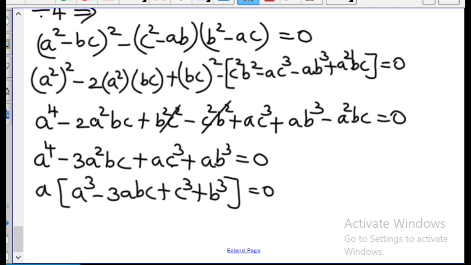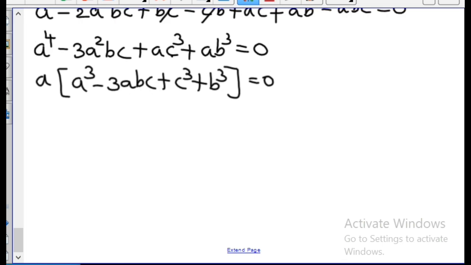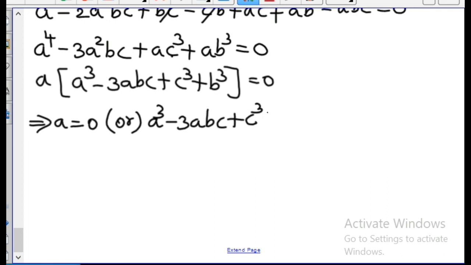Product of the terms is 0 means either of the terms will be 0, implies a equal to 0 or a cube minus 3abc plus c cube plus b cube equal to 0.